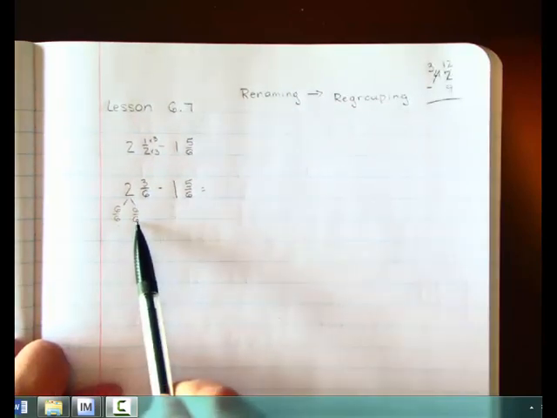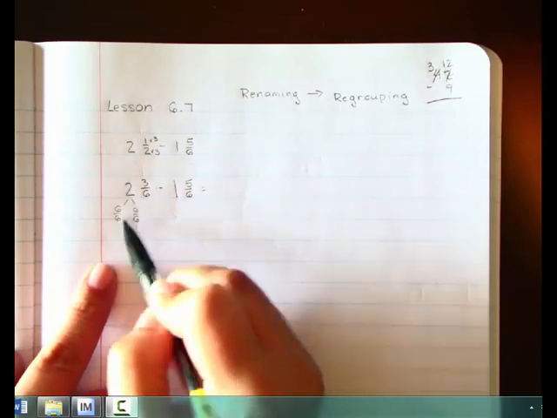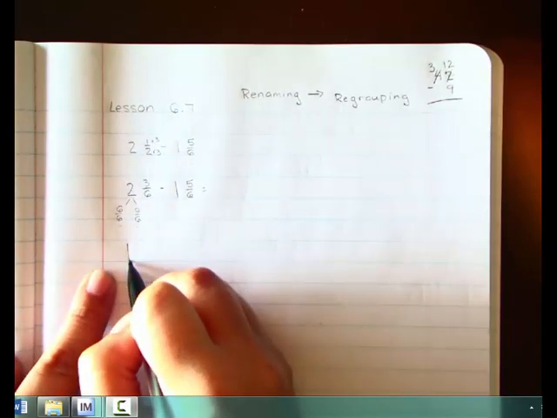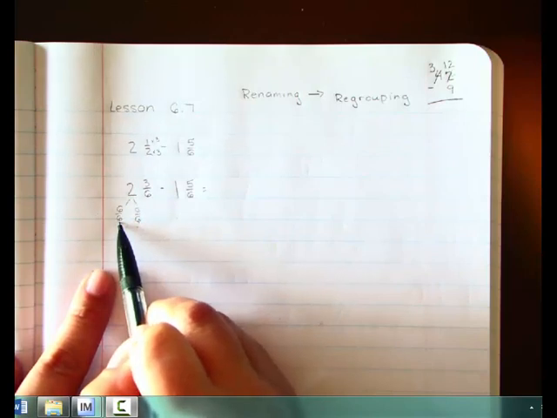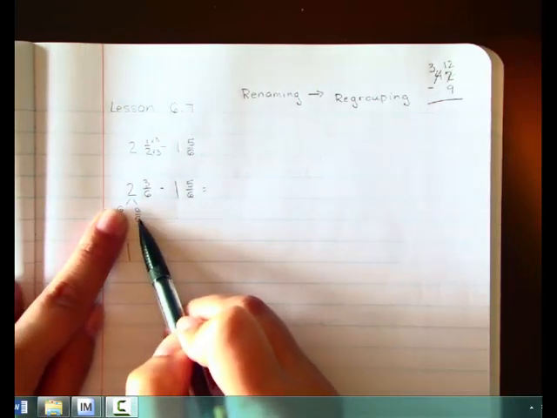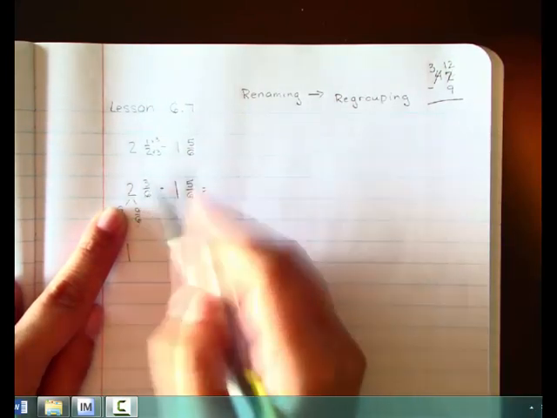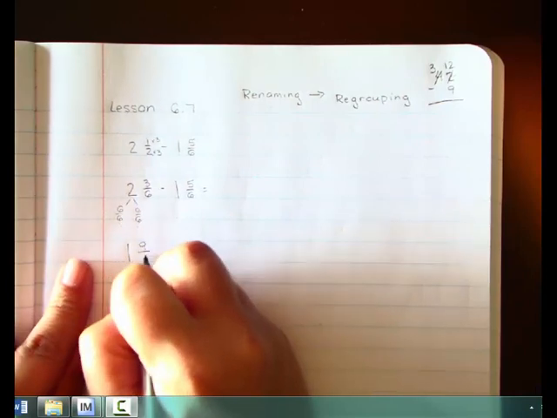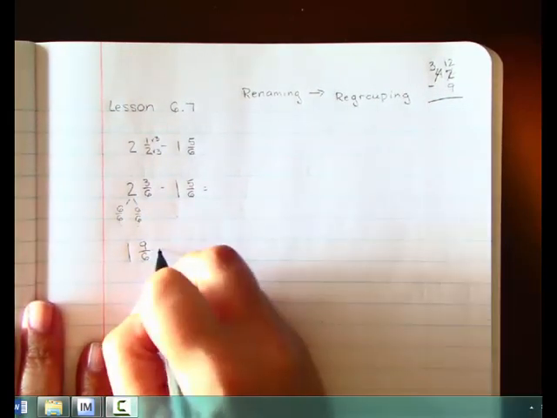So I'm going to regroup one of these. I'm going to keep one of them here because I only need 1. So this 2 becomes a 1 because I'm only taking one of them. And remember, 6/6 is 1. So now I'm going to add 6/6 to 3/6. Well, 6 plus 3 is 9, and my denominator stays the same when I'm adding fractions.